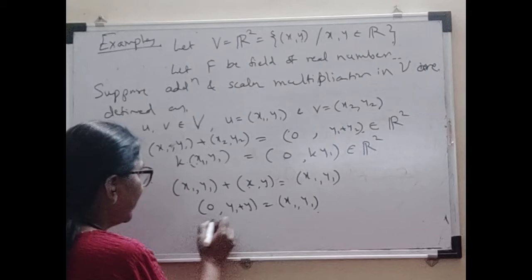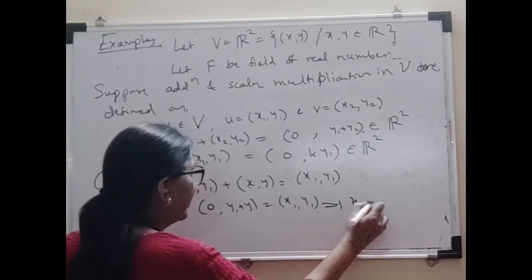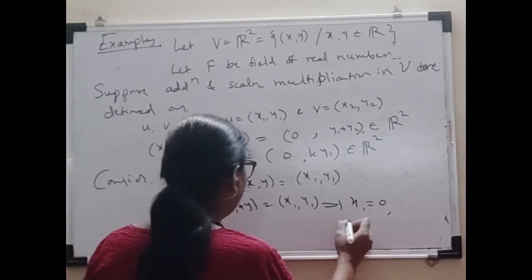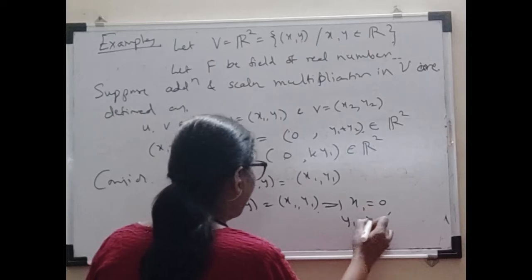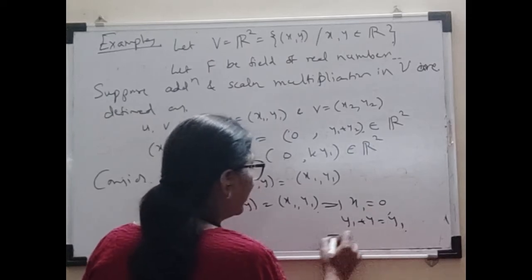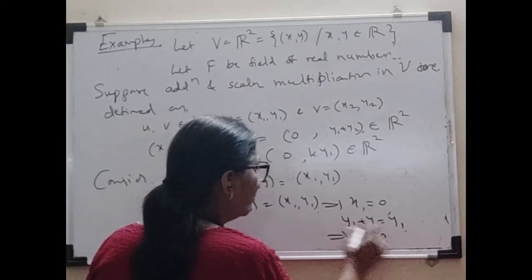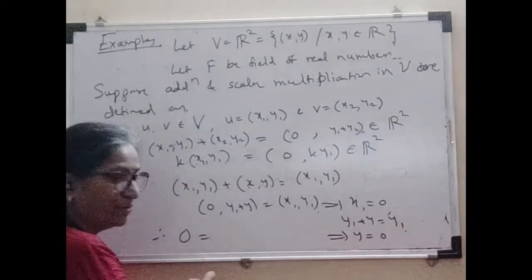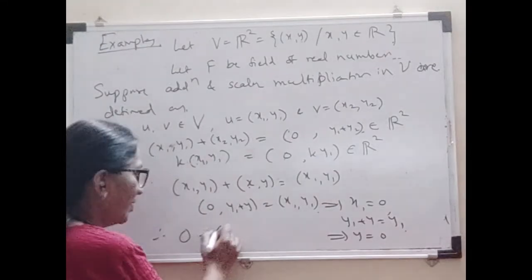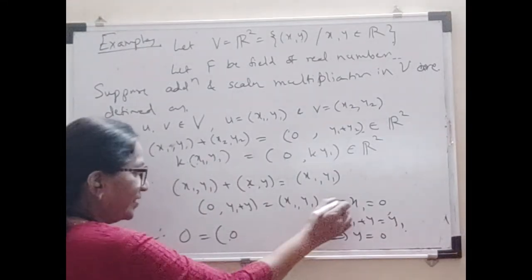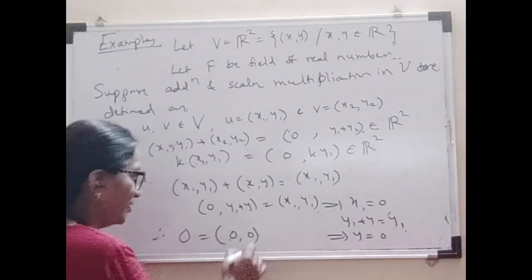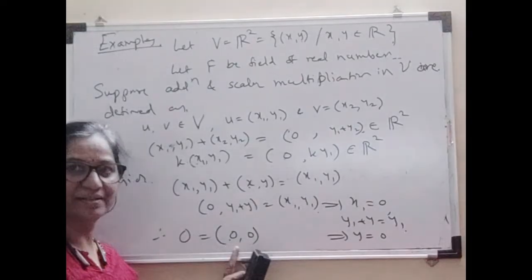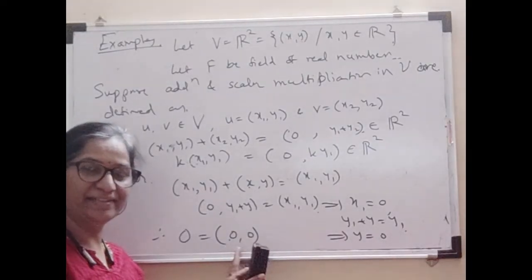So from this we get x1 is equal to 0, and y1 plus y is equal to y1, so that gives us y is equal to 0. Therefore the 0 vector is x is 0 and y is also 0. So this is a 0 vector. There exists a 0 vector.